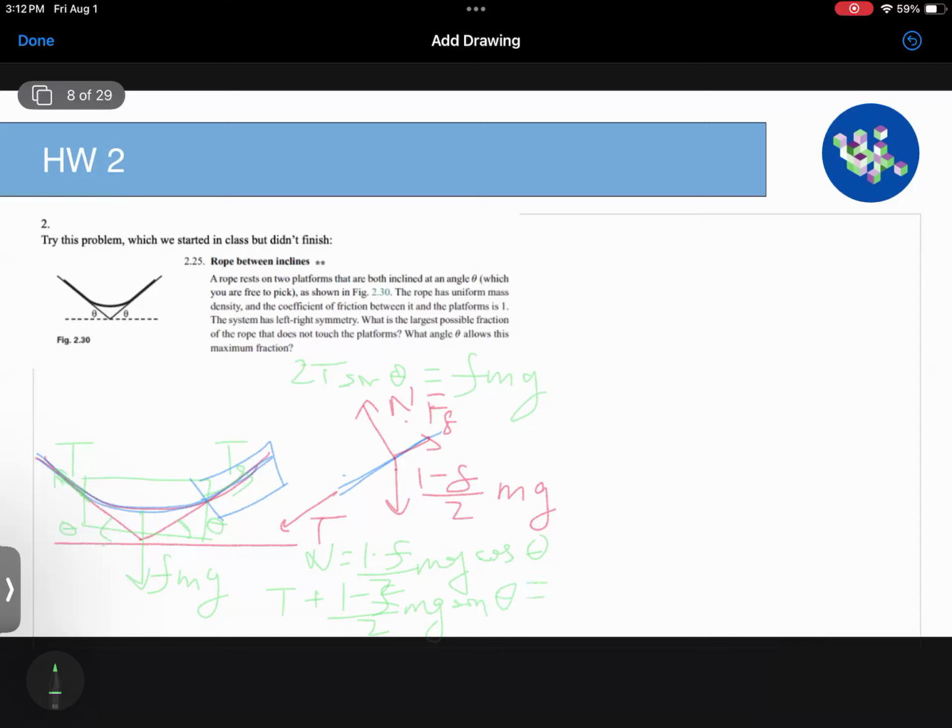What is Ff? It's mu times N. So it will be (1 minus f) over 2 times mu mg cosine theta, right?